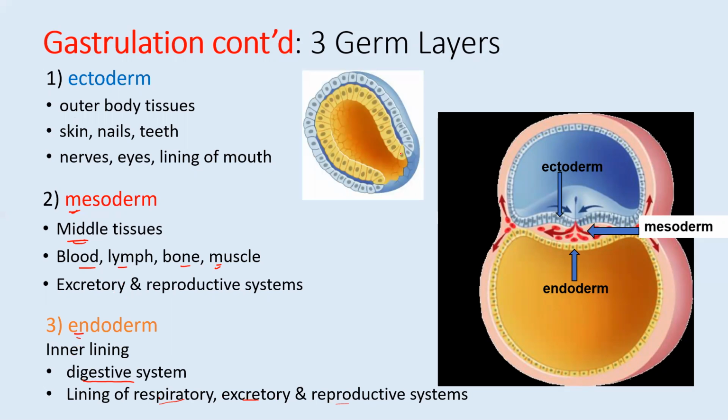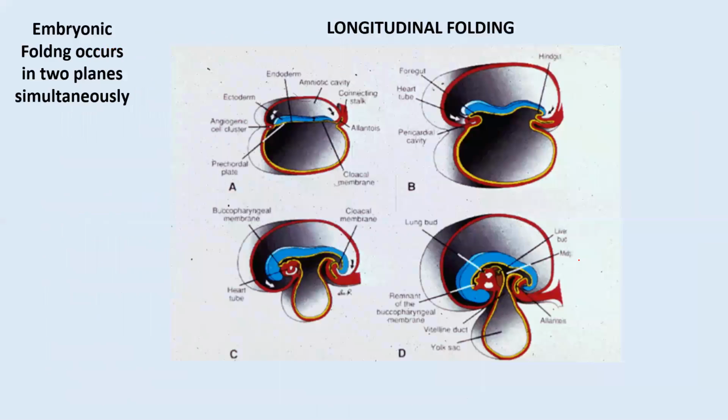Look, endo, inside. Remember, this was the inner cell mass, and it's starting to fold. Ecto on the outside. So that would make sense. That would be things like your skin, nails, teeth, okay? Outer body tissues. Endo, inner body tissues, is going to form your gut and lining of excretory and reproductive systems. And then the meso forms later, muscles.